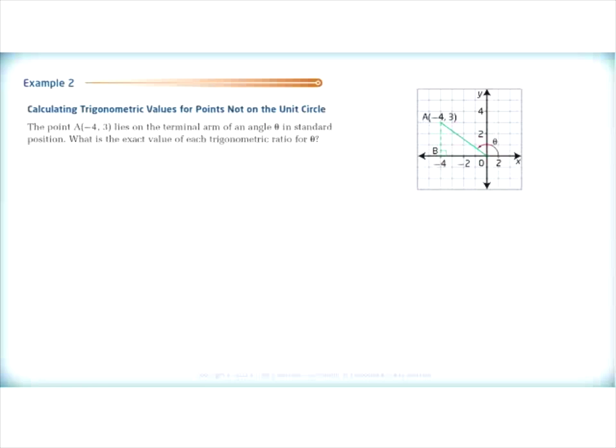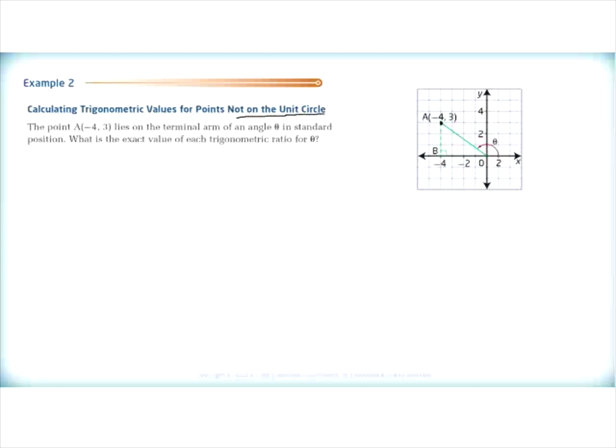Let's look at examples that involve calculating trig values for points not on the unit circle. Okay, here's the example. The point A, -4,3, lies on the terminal arm of an angle theta in standard position. What are the exact values of each trigonometric ratio for theta? Now, if you look at the diagram, you see that I have a point here, -4,3.